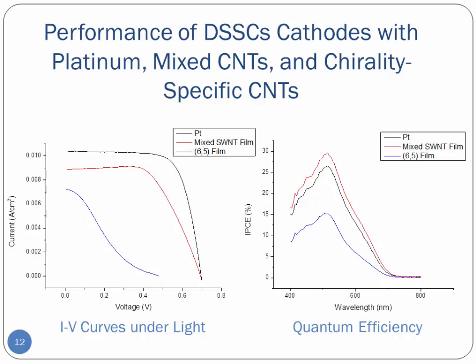So the series resistance of the cell is going to increase, and the electron transfer between the counter electrode and the electrolyte is going to decrease. So the dominant recombination mechanism becomes the recapture of the electron from the dye. And so you can see that the quantum efficiency decreases.